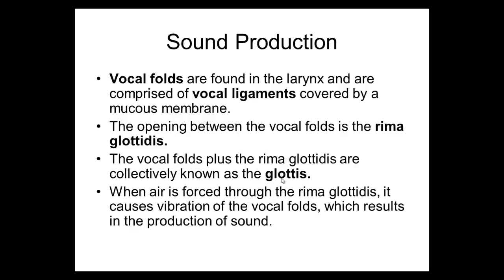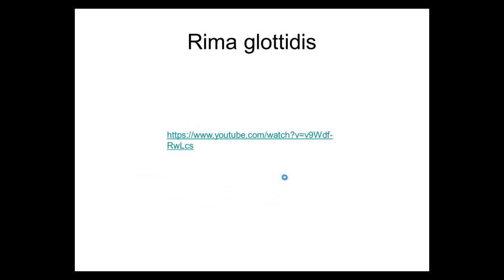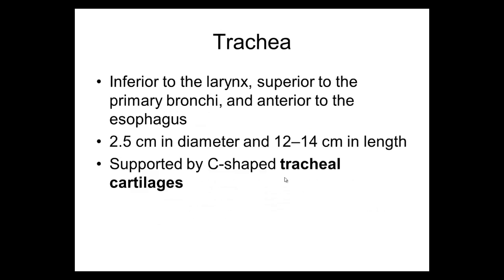And if you remember the cartilage that was shaped like a spoon, we call that the epiglottis, right? I'm going to skip through the videos because they're available for you on Canvas, and we'll go straight from the larynx into the trachea.